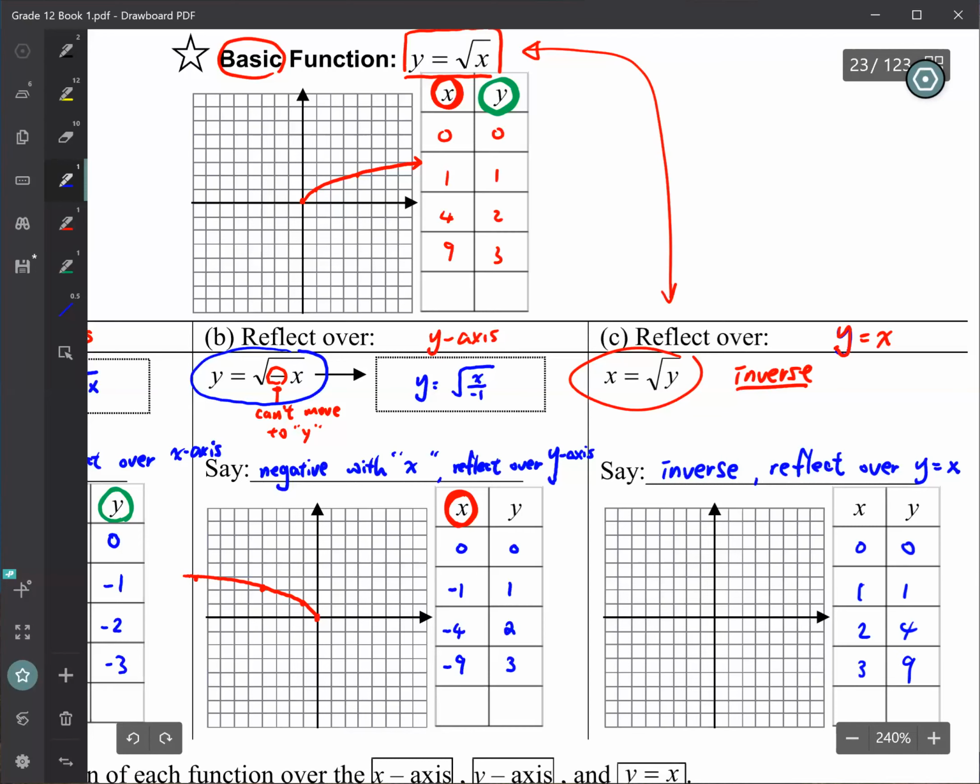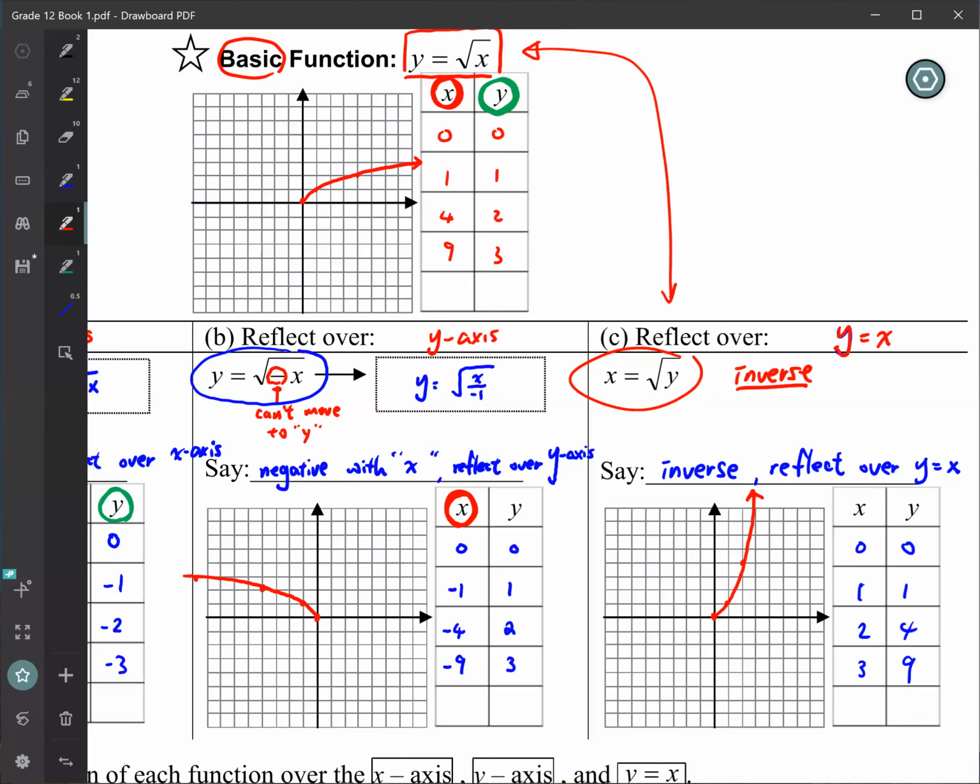Okay, so this is the idea of inverse. You just take the original points and then switch x and y. We've done that many times, and in your homework too. So we follow the points and draw it out. 0, 0, 1, 1, 2, 4, 3, 9 will be here. So this one goes up.